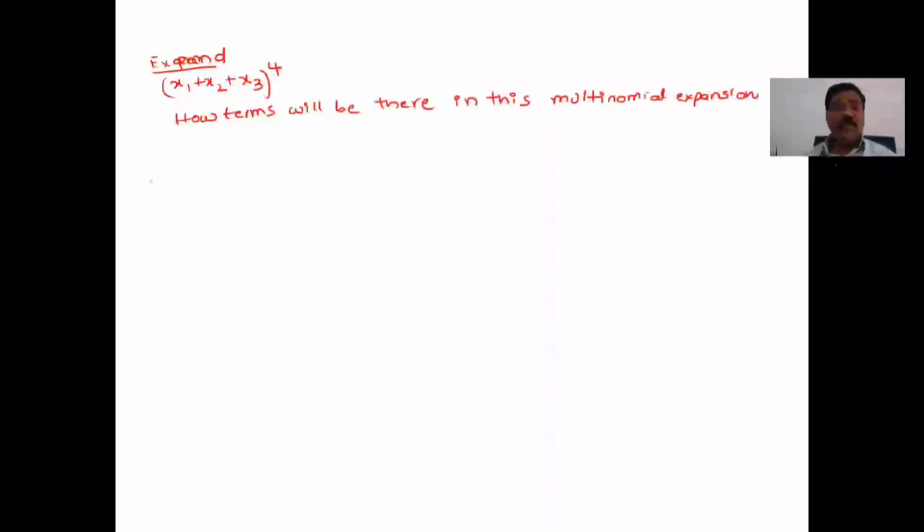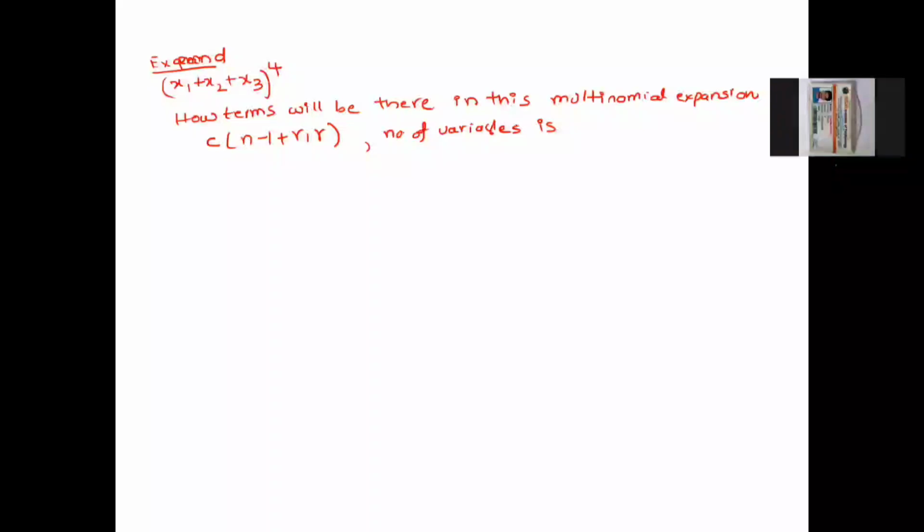For this, the formula is the same formula. It is C of n minus 1 plus r comma r. Please make a note. Whereas in this case, what is n, what is r? Number of variables is, any guess? N, sir.